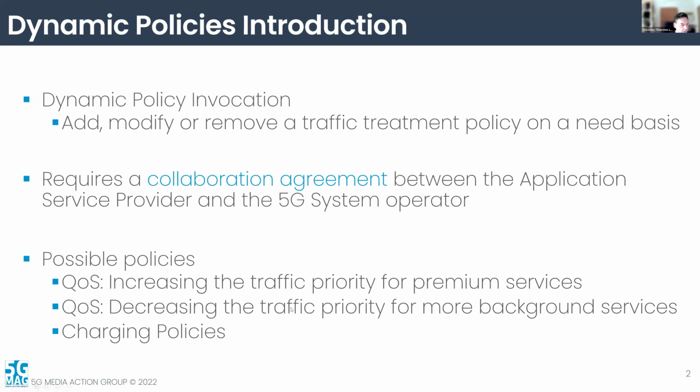Some example policies are, for instance, quality of service to increase the traffic handling priority for a premium service. Another example would be a bit more on the background service. If you know that this is something that is not continuously consumed, you may want to decrease the priority a bit.